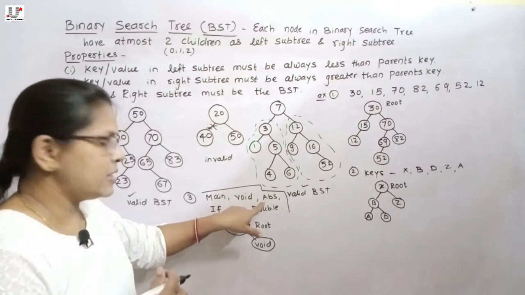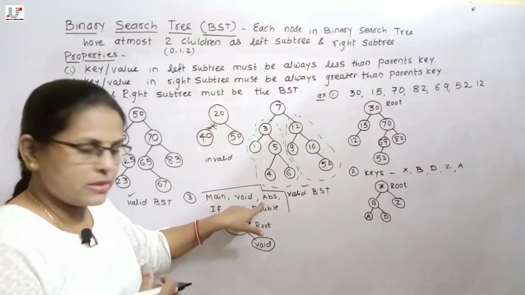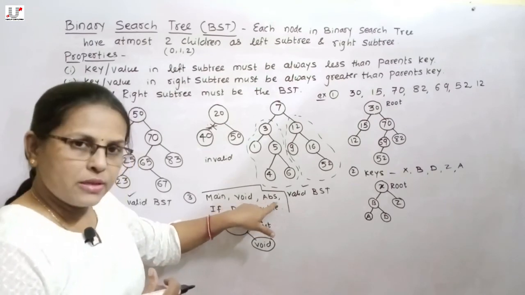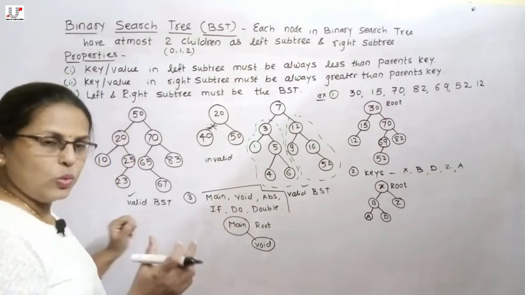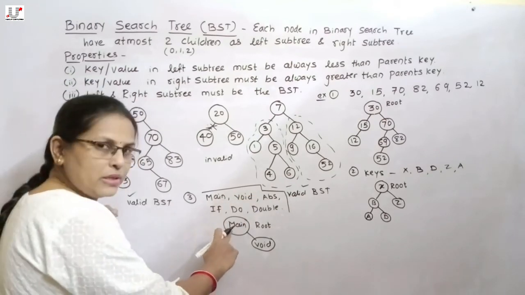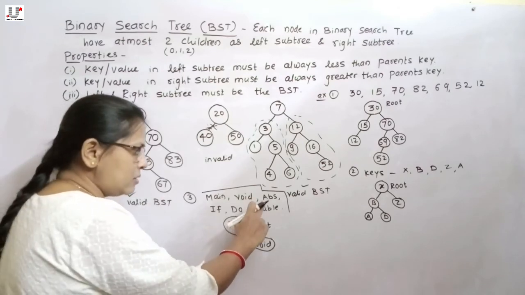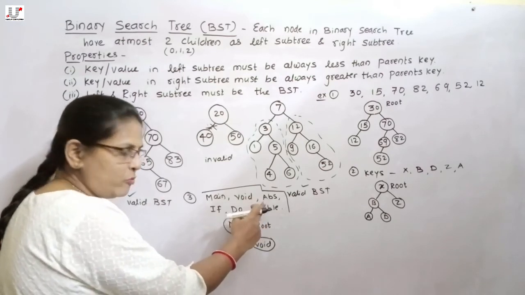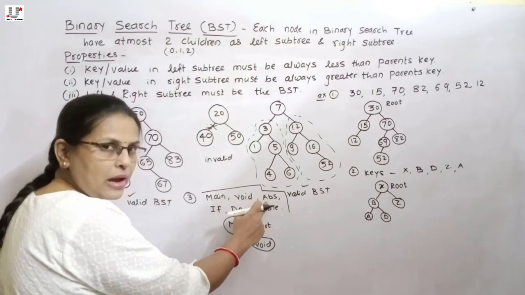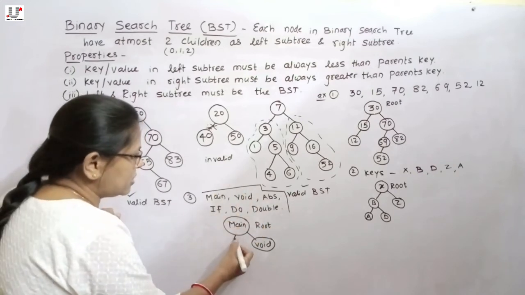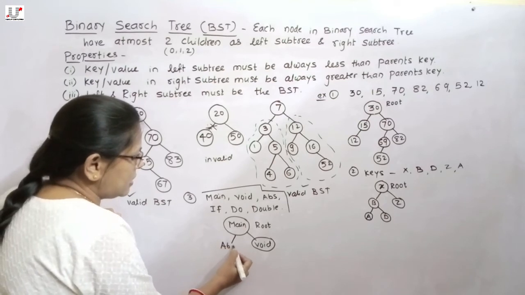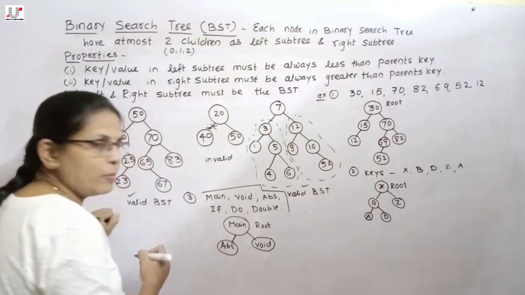Then the next string is ABS. This ABS gets compared with the root node first, and as the root's starting alphabet is M and the one being compared is A, and A lies before M in alphabetical order, ABS is to the left of main.